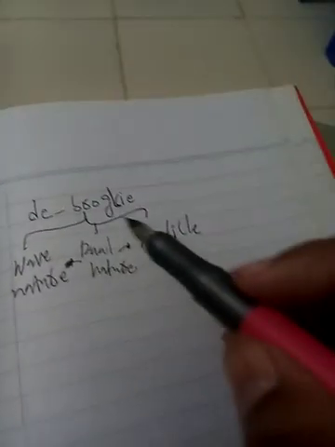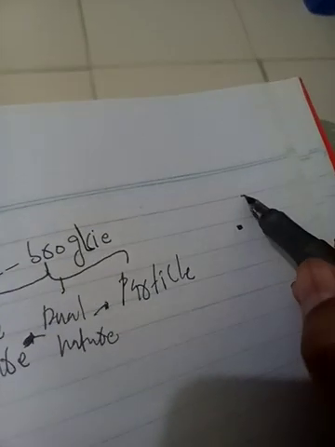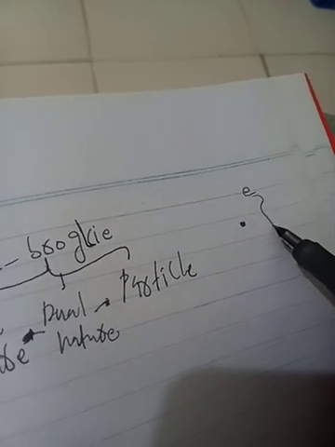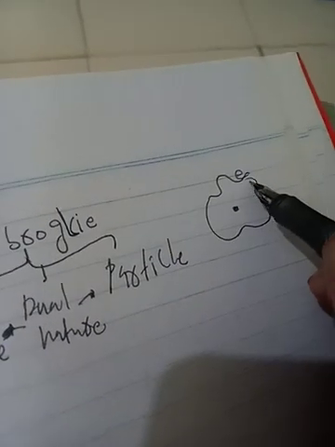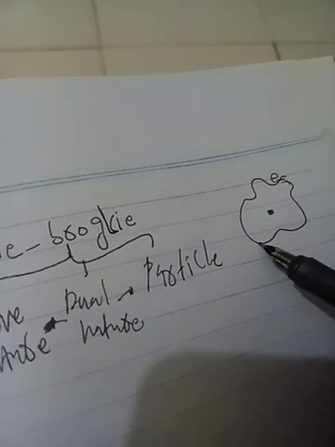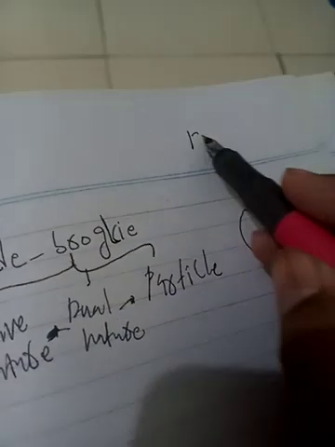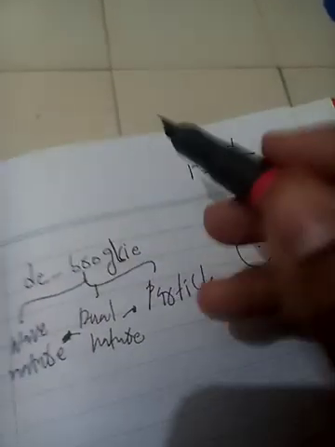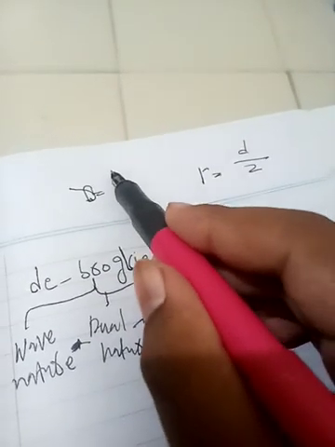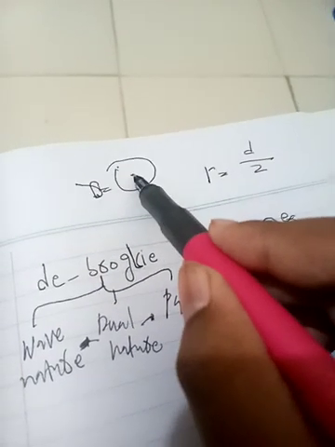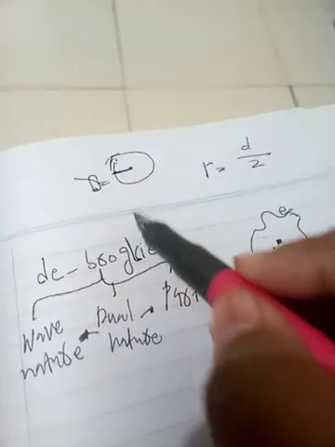So the problem was that we were unable to calculate the atomic size of an atom, because a wave has a crest and a trough. If the electron has a wave nature, we cannot define the radius from the orbit towards the nucleus, because the radius is half of the diameter, or the distance between the center of the circle and the circumference of the circle.